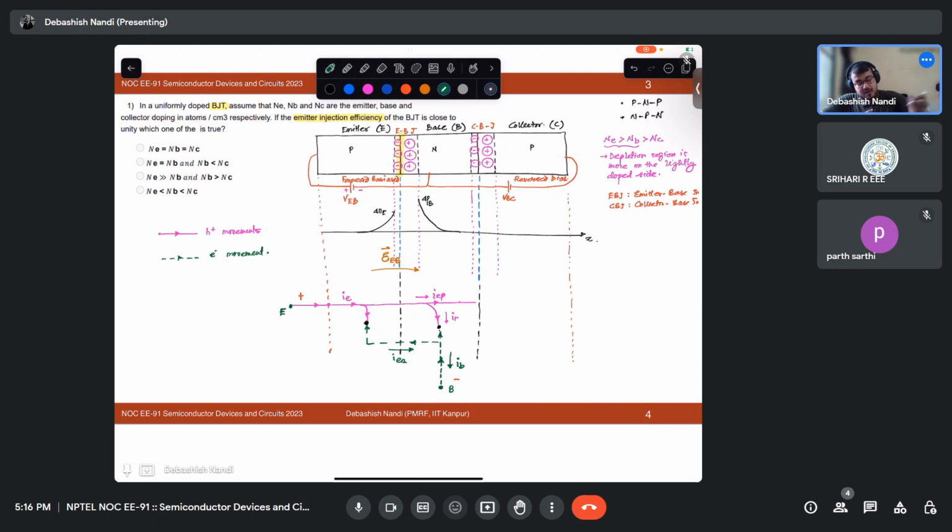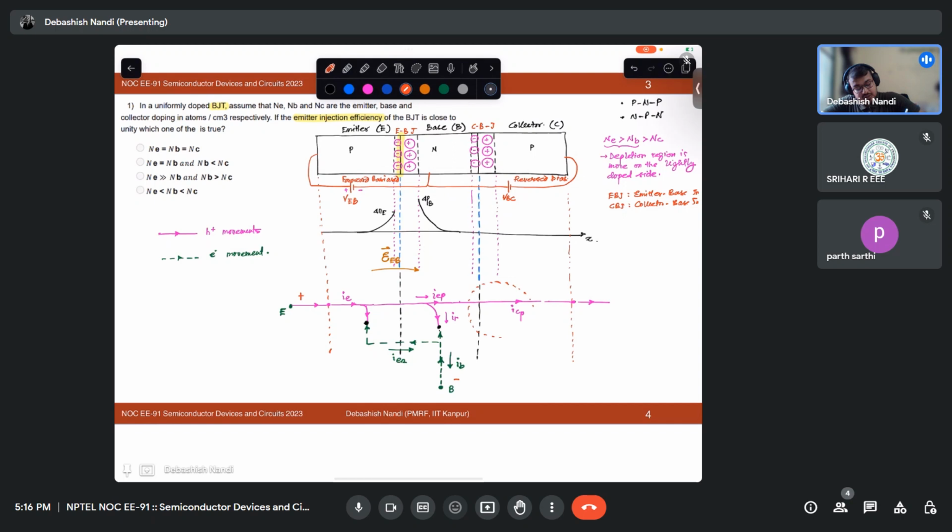Some of the electrons will pass through your collector, and for the time being, let's call it ICP. It is collecting.